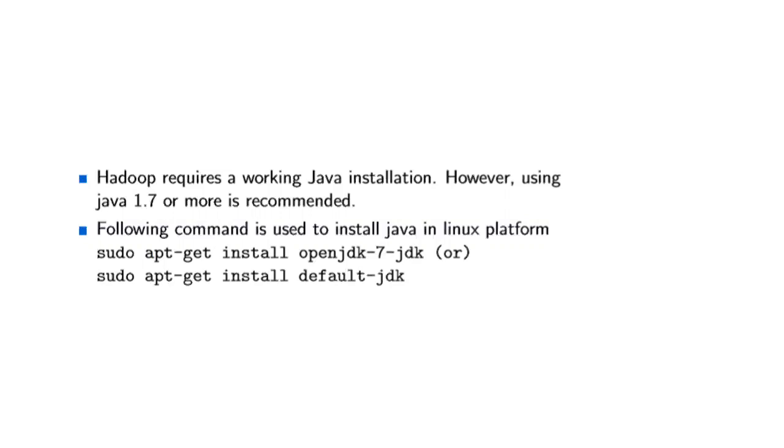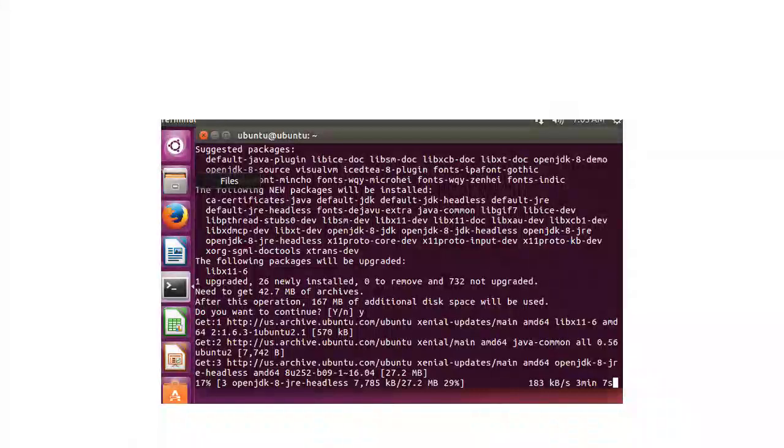Once you enter sudo apt-get install OpenJDK 7, or sudo apt-get install default-jdk, the mirror is automatically connected and it starts getting OpenJDK into your Ubuntu operating system.